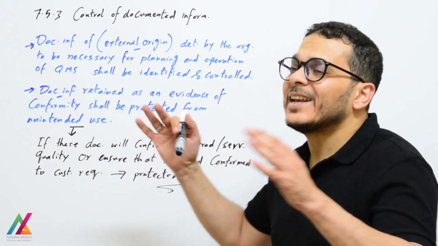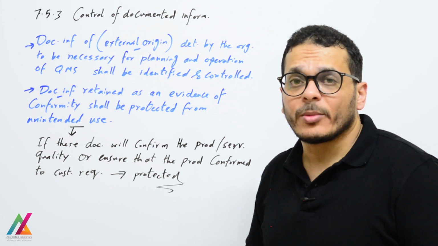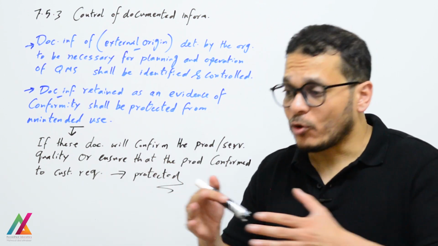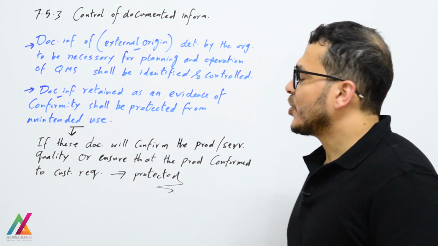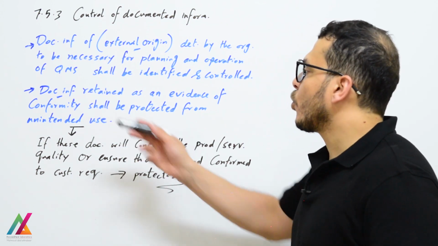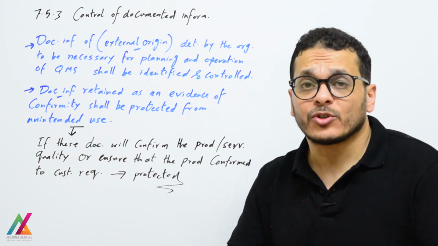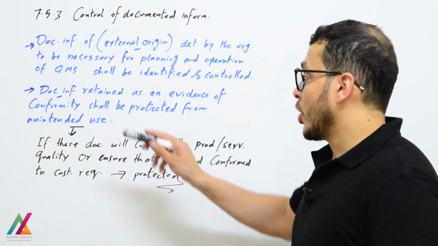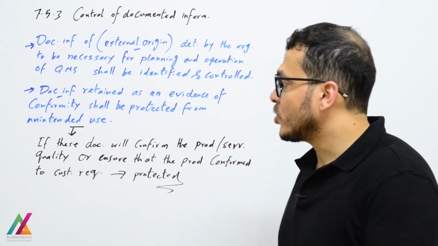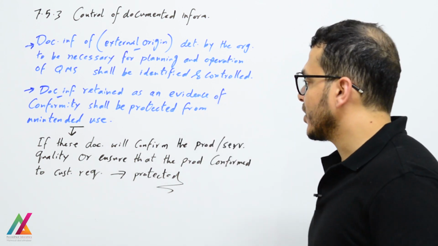So you can keep a list for documented information, whether from internal or external origin. Documented information retained as evidence of conformity of the product or service to the customer and legal requirements shall be protected from unintended use. It's a very important document.